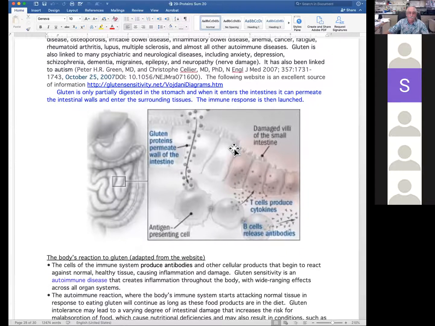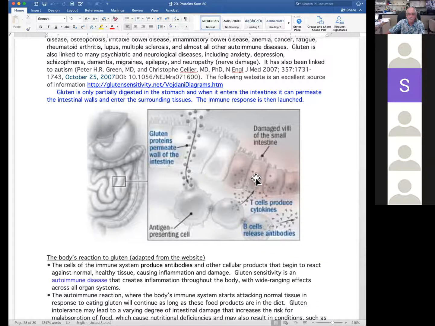So again, if it was just gluten going through your intestines, would it be a problem for your digestive tract? The answer is probably not. Is it good? Maybe not. But what makes it worse is when your body mounts an immune attack against it.